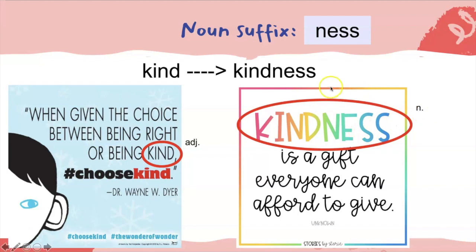So again, we add ness at the end of the word kind to form a new word kindness. Kind is an adjective about a personality of someone, while kindness is a noun about the quality of being kind. So, we should treat people with kindness.